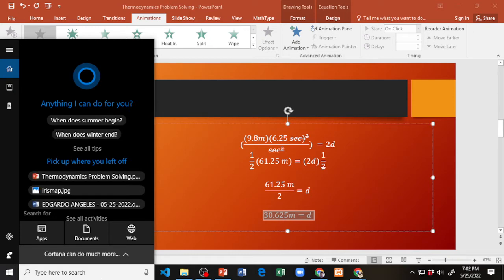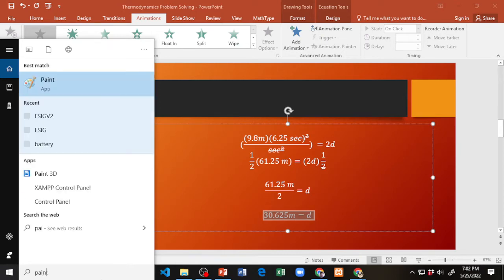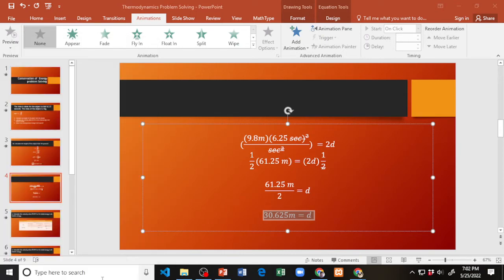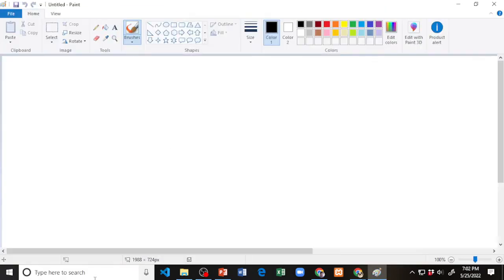So right now, we're gonna go with my paint, and we'll do the derivation there of the formula and the solution. So we have part A, okay, and we have part B, okay. So part A is simple, I think. All right, so you'll start with t is equivalent to square root of 2d all over g.